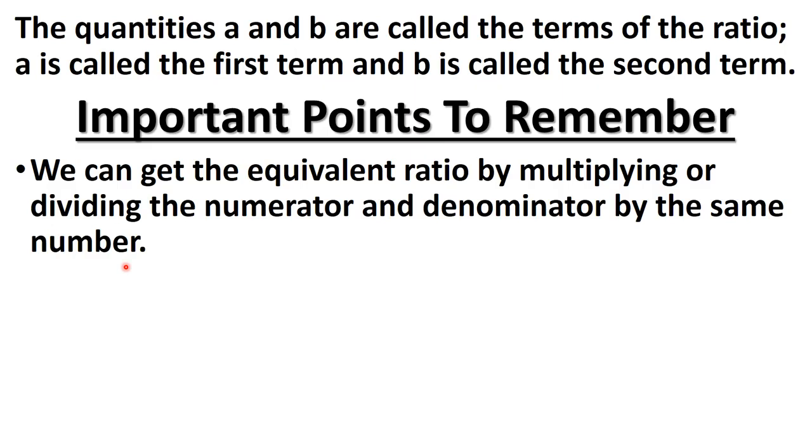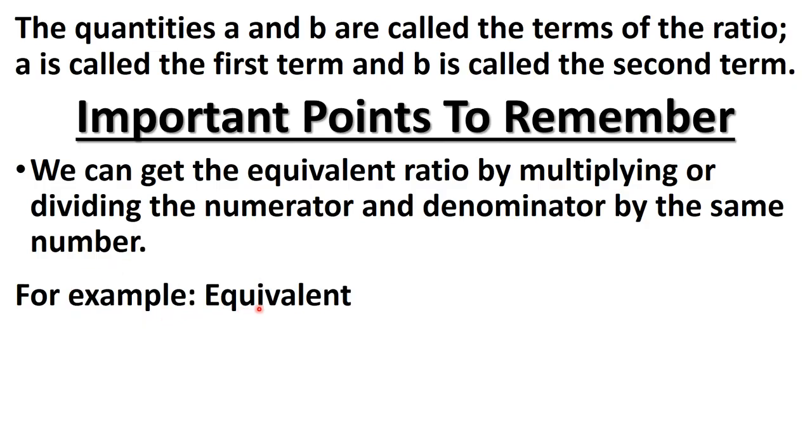As in the case of a fraction, we can get an equivalent fraction by multiplying numerator and denominator by the same number, the same we get in the case of ratio also. If we multiply numerator and denominator by the same number, we get an equivalent ratio, or if we divide numerator and denominator by the same number, then also we get an equivalent ratio.